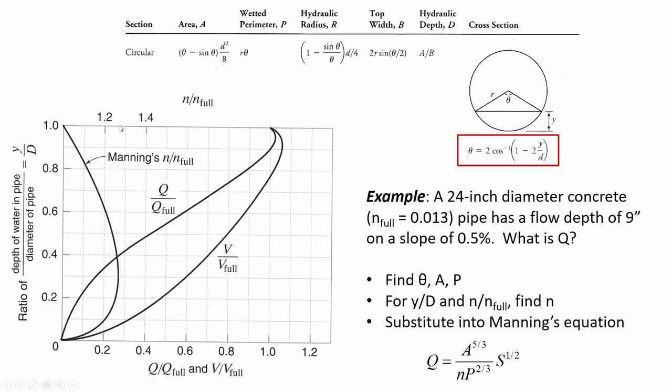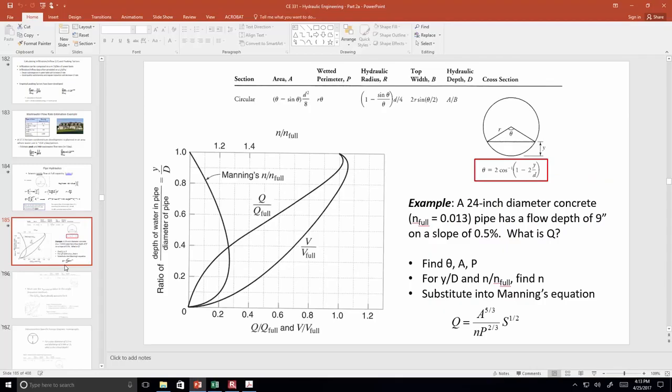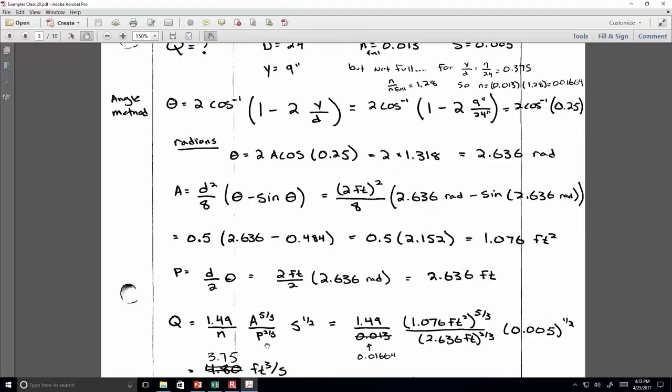Yep, and then this is the n to n full. The final answer is 3.75 cubic feet per second. So we've got 1.49, which is the units conversion for US units.